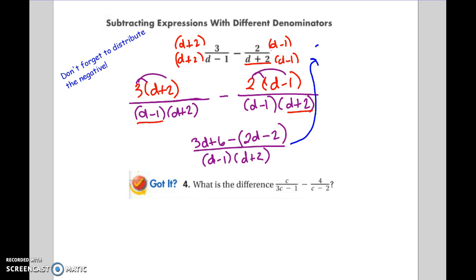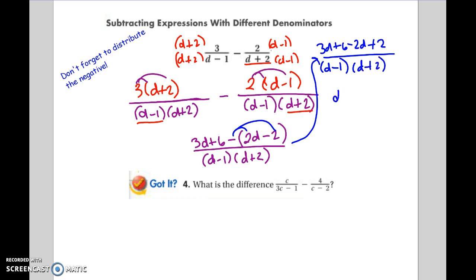So now I have 3d plus 6 minus 2d plus 2, because I distributed this negative, over d minus 1, d plus 2. And I can combine my like terms, so 3d minus 2d is d, and 6 plus 2 is 8. I can't reduce anything because none of the binomials match.